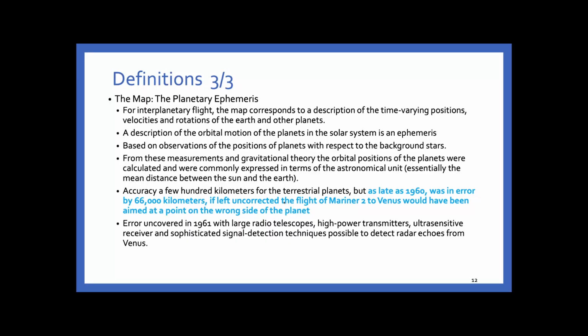The astronomical unit is the average distance the Earth is from the sun. So it was the astronomical unit that was off by 66,000 kilometers? Well, the position wasn't off by 66,000 kilometers. I don't know the exact error in the astronomical unit, but a tough decision had to be made. Do we go with the classical astronomers' value of the astronomical unit, or do we use the one from these new radar scientists? Well, they chose the scientists, and it's a good thing. Otherwise, we would have flown on the other side of the planet.